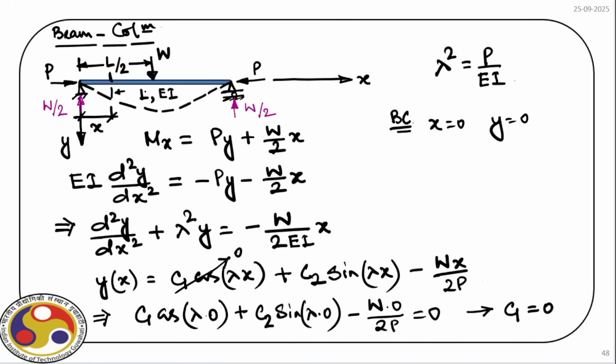Now for this problem, we also know at x equal to L by 2, the slope is 0.